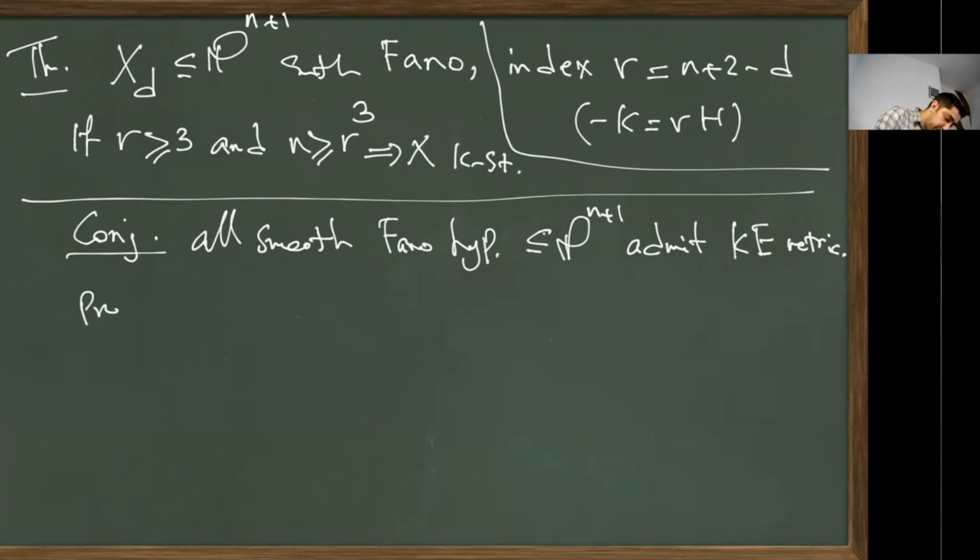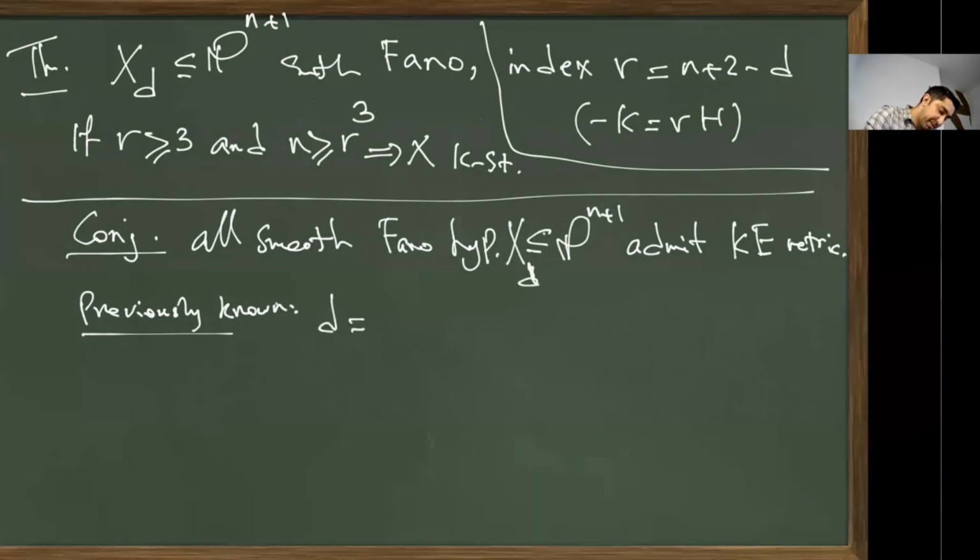So previously known, as I said, let's write it H_d. If d is 1, it's nothing, it's just P^n. We've seen it several times. If d is 2, then you get a quadric, and this was also known previously, but we gave an algebraic proof too for this.